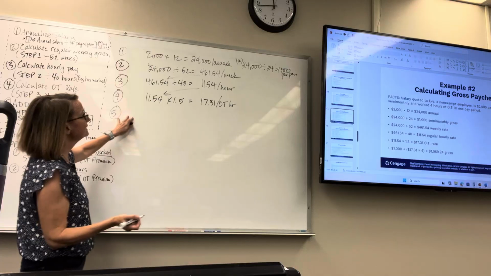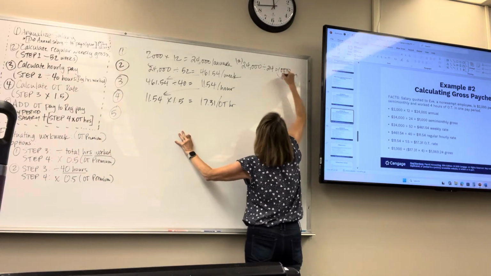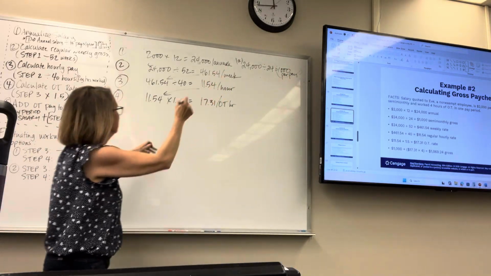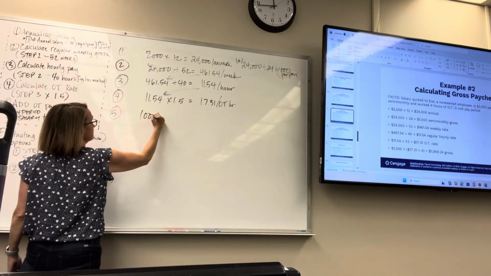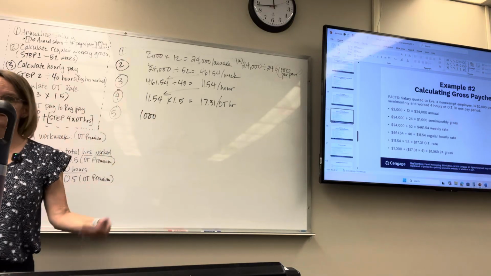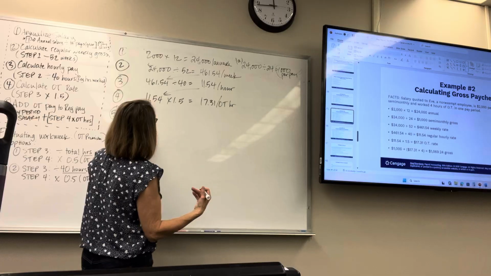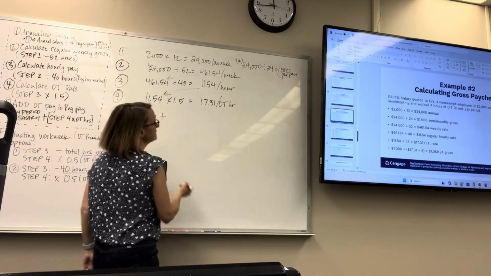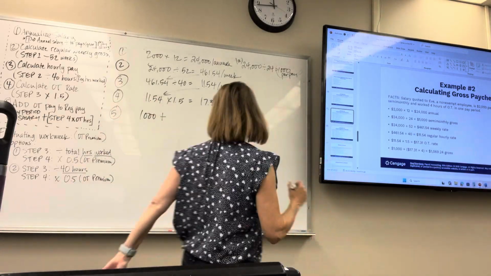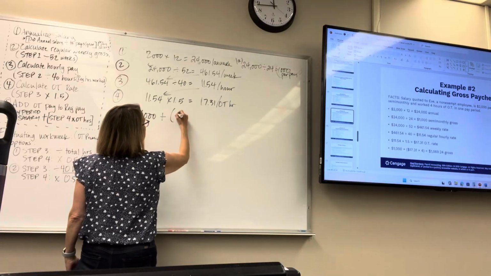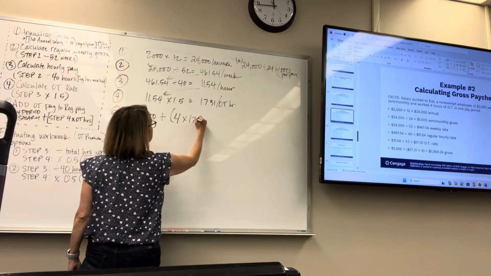Now we're going to take the per pay amount, 1,000, because we want to know how much was she paid in this pay period, right? So $1,000 plus, and it says she worked 4 hours of overtime, 4 hours times 17.31.